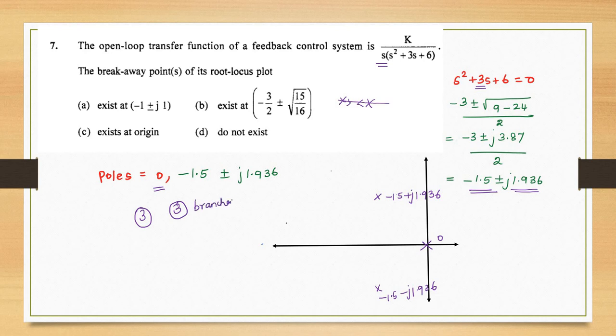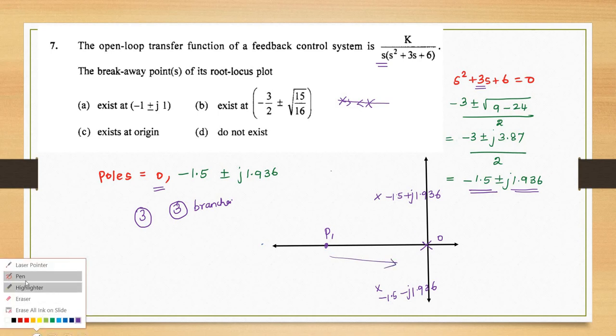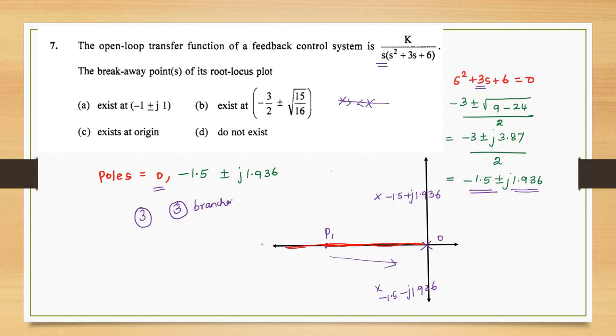3 branches. I have to consider one point P1. Is there any root locus that exists from this point to the right? How many poles are there? There are 3 poles available. So there should be one root locus that exists. So this is the region of root locus.